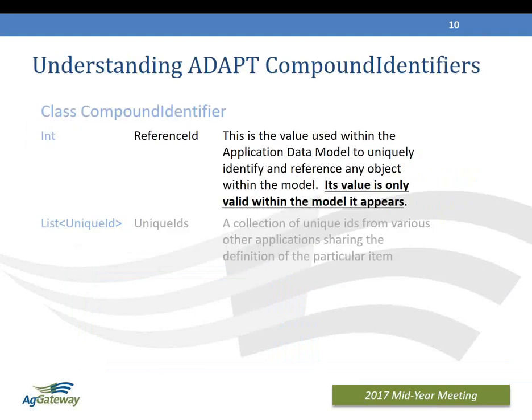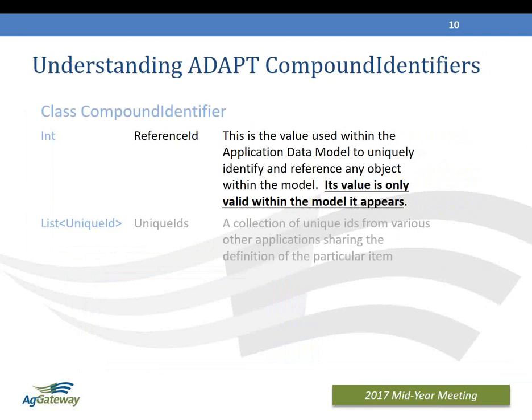The next thing that I'd like to take a look at is the compound identifier. We've been talking about these field IDs and grower IDs and farm IDs, et cetera. It's important to note that each of those are actually compound identifiers. And within the ADAPT model, this is a very key concept.